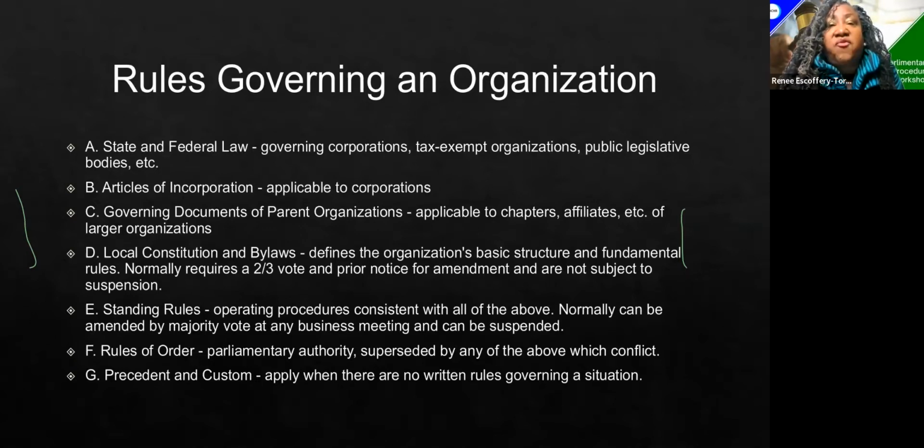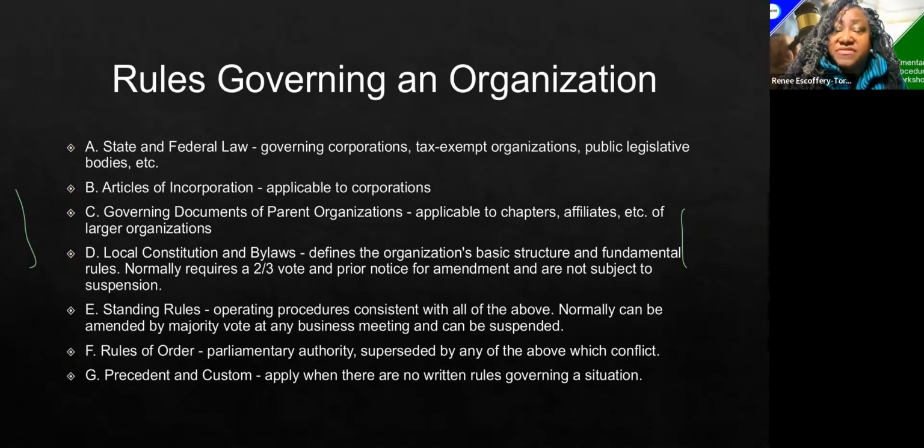Then you have the governing documents of your larger organization. So many of you may serve as presiding officers or parliamentarians in chapters of something. If you have a chapter, then all of those chapters get together, and there are specific governing documents.